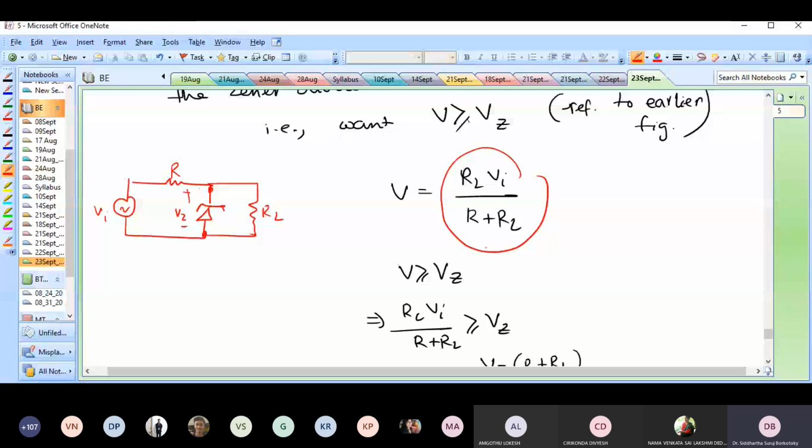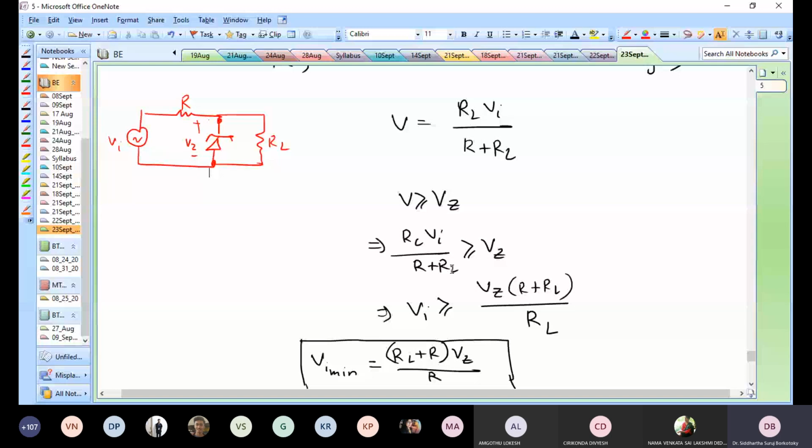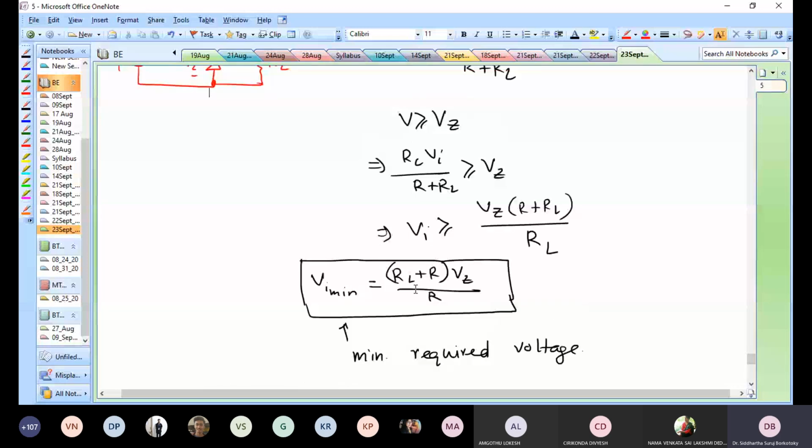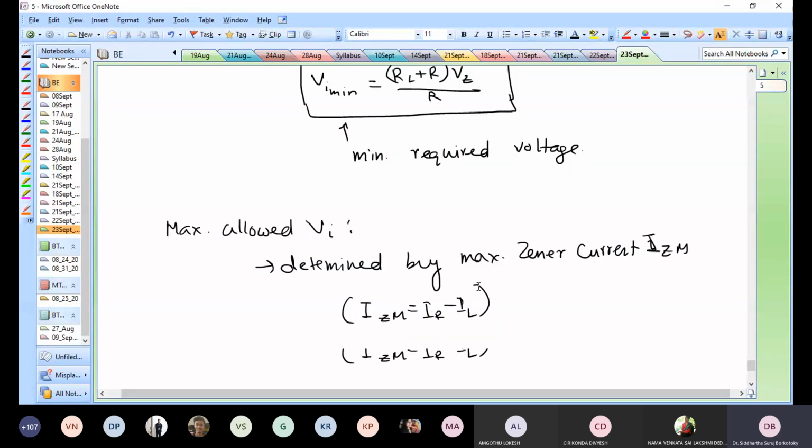If I solve this equation, I see that Vi will have to be greater than or equal to Vz times R plus RL divided by RL, which means the minimum value of Vi I should have is RL plus R times Vz divided by RL. So that is the minimum required voltage. If you go below that, you will not have enough voltage to drive the diode into the on state.